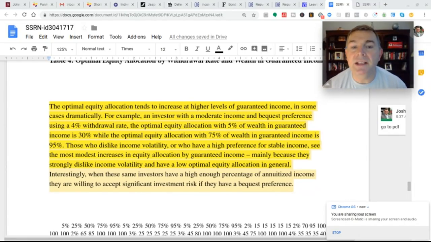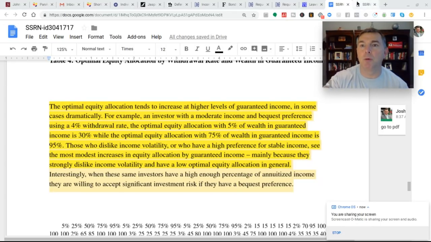However, when these same investors have a high enough percentage of annuitized income, they are willing to accept significant investment risk if they have a higher bequest preference. All this means is the more your income is guaranteed, the more you can consider, and you should actually take, more risk for the remainder of the portfolio that you have.